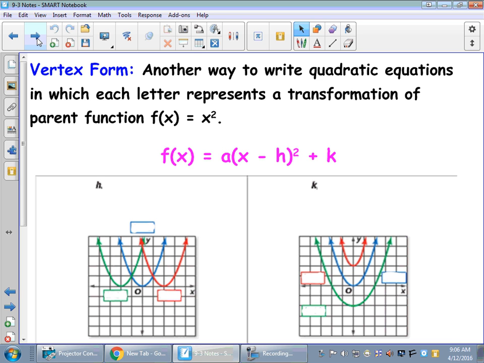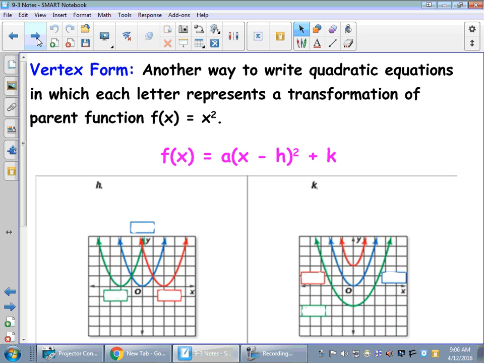When we're describing these transformations, there's another form that better represents the transformed form of the quadratic. This is called vertex form. Just like lines have slope-intercept form, point-slope form, and standard form, quadratics have another form, and this is called vertex form.